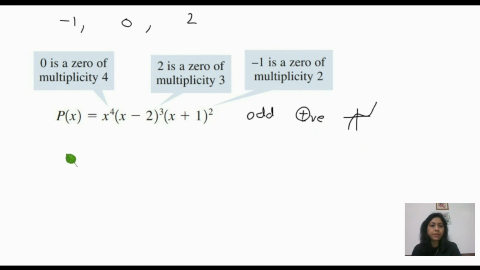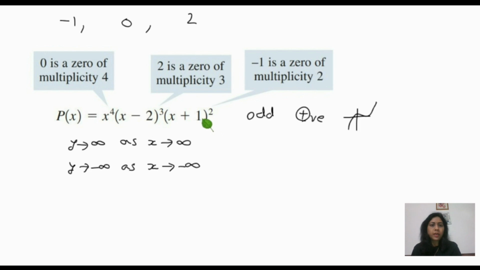And the end behavior: as x tends to infinity, y tends to infinity, and as x tends to minus infinity, y tends to minus infinity. So this is the end behavior, and according to multiplicity, we know which type of graph is near the zeros.